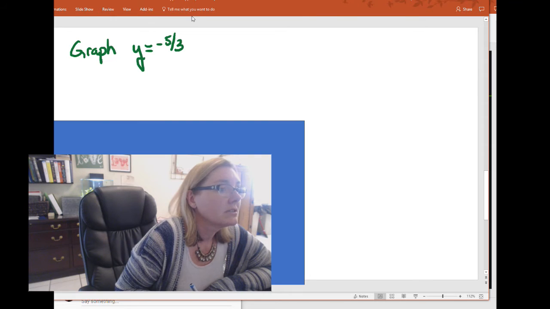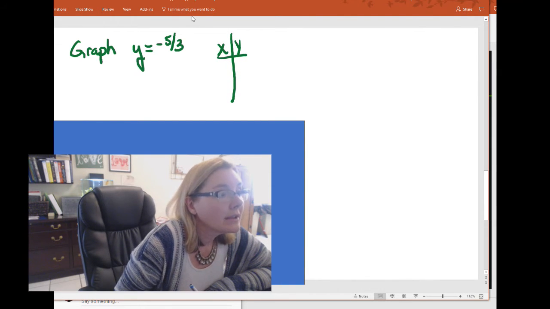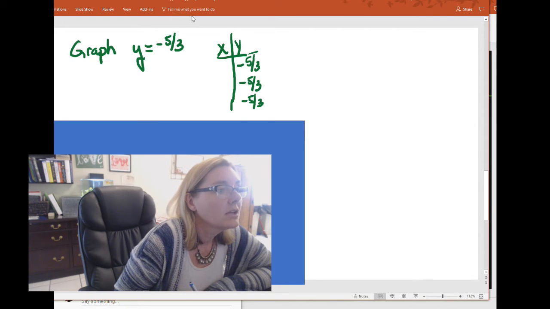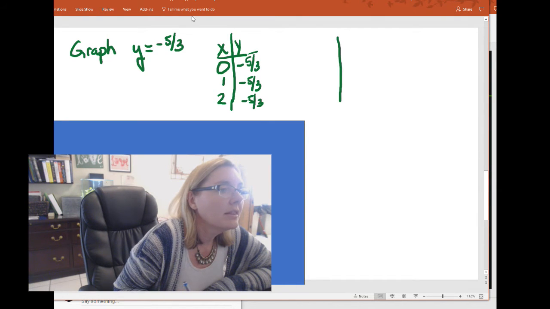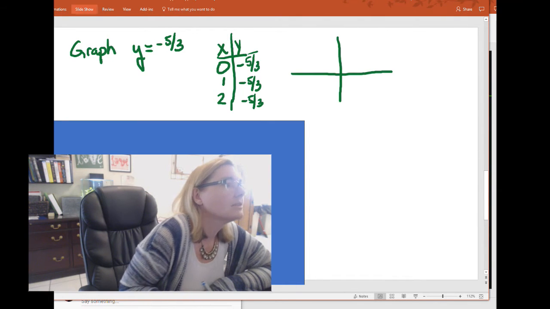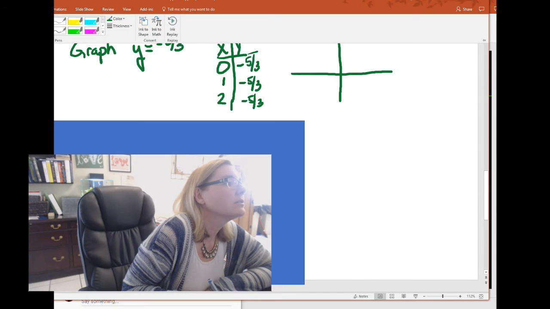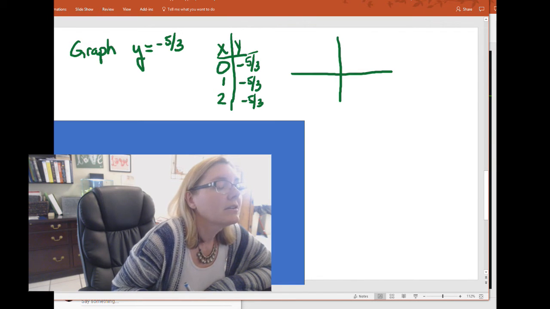What I would say is just make a little XY chart, and since it's saying y equals this number, just remember that means that no matter what the x coordinate is, the y coordinate is negative 5/3. So I'm going to just pick a few x coordinates and plot that, and that will remind me that it's horizontal, because when I go to graph it, I'm going to say, okay, I'm going to be 0, negative 5/3.